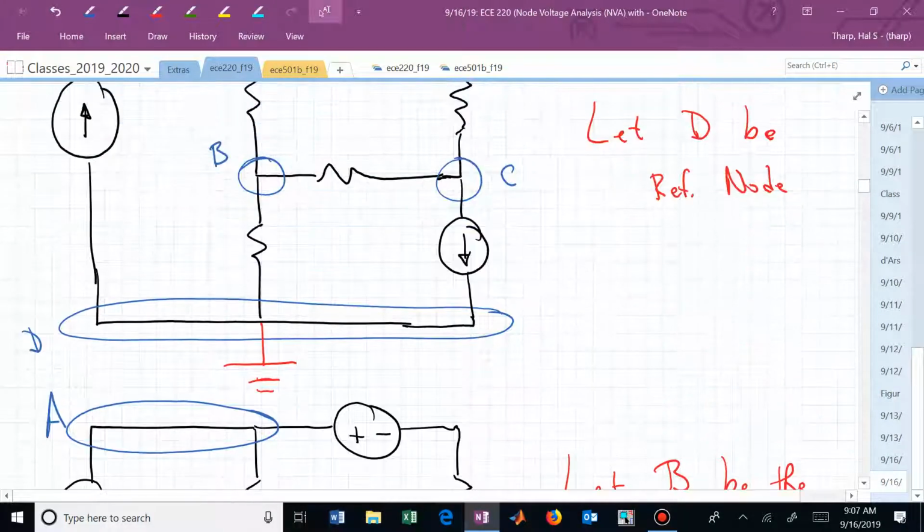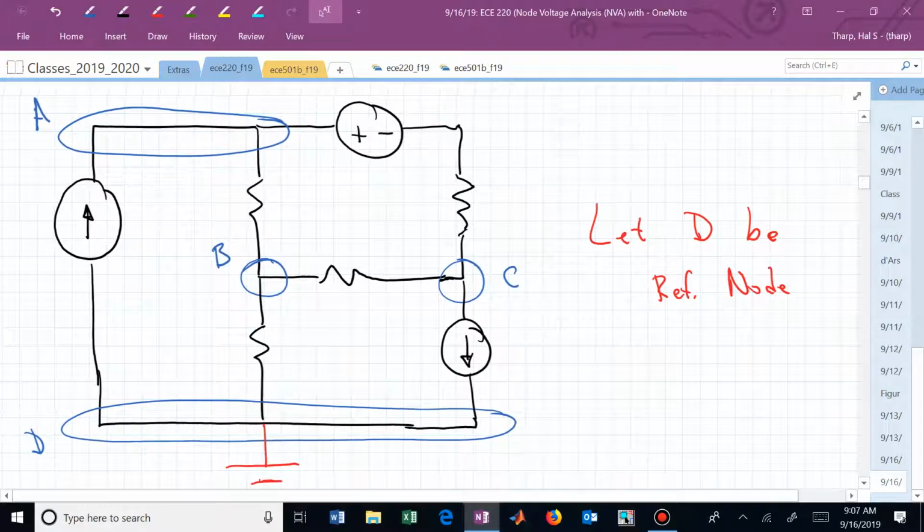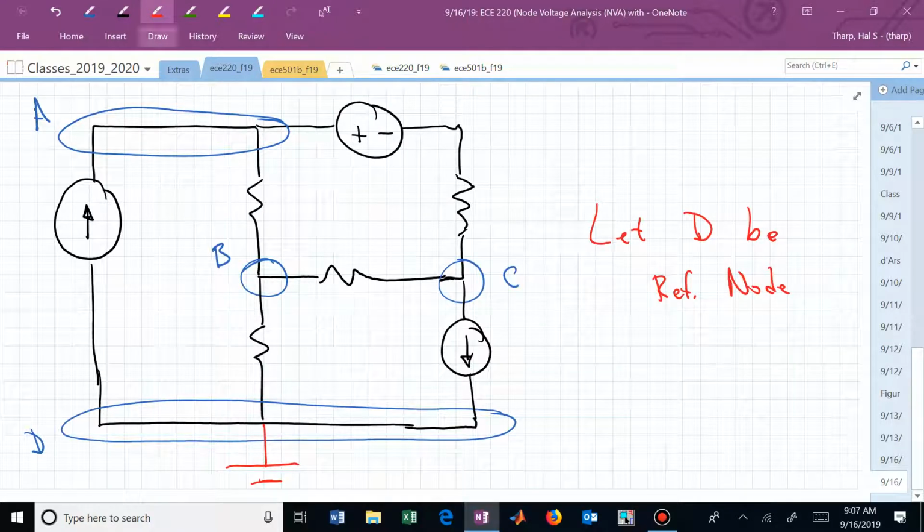To do that, let's label these in the two different circuits distinctly relative to the reference nodes that have been selected. Suppose that in this particular circuit, I call the potential difference between B and the reference V sub 1.